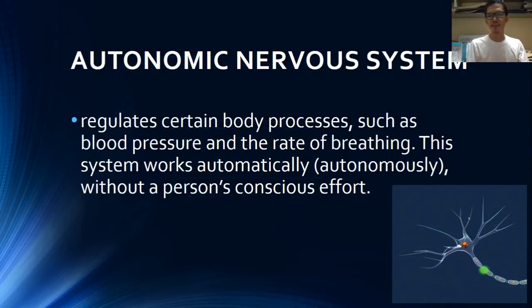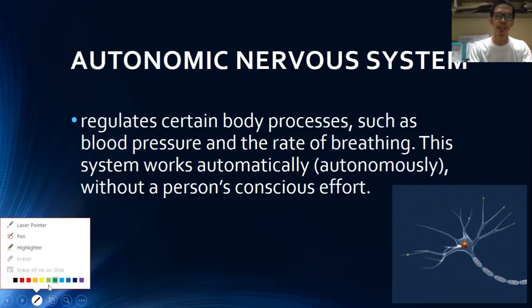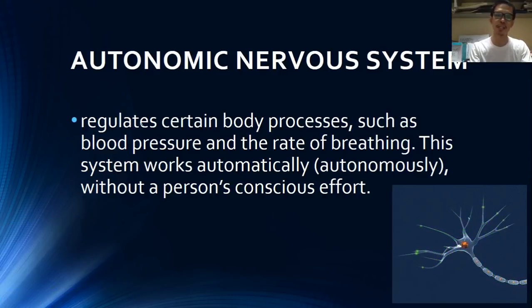Now, what is the function of the autonomic nervous system? So the autonomic nervous system regulates the body's processes, such as blood pressure and the rate of breathing. And from the word itself, autonomic, which means automatic, or independent.